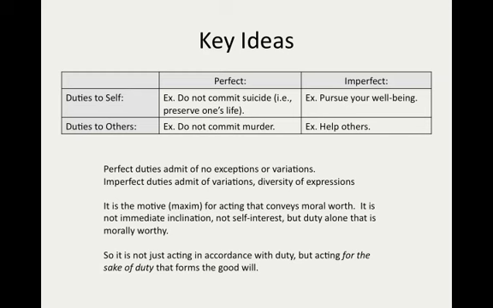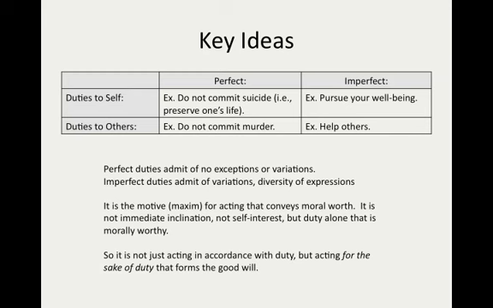So for instance, taking an imperfect duty to others, you have a duty to help other people in life. If you never helped another person, Kant would say you can't possibly have been a moral person. All right, so you choose to do your duty to help others. But which others? The people in your neighborhood, the people who were victims of the tsunami in Japan, the people who are still struggling after Katrina all these years down in New Orleans.